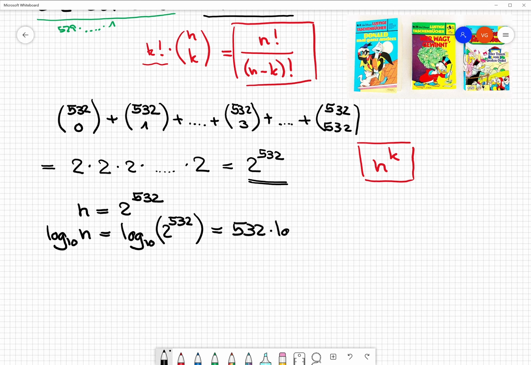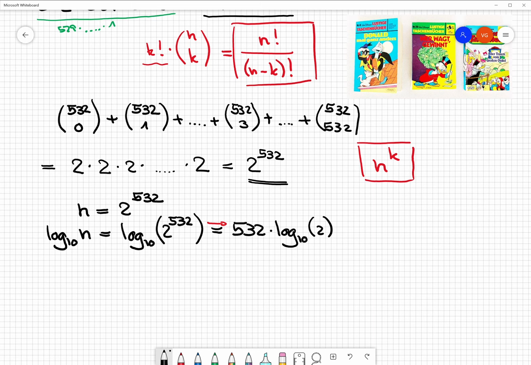This is the logarithm law you really should try to memorize, okay? It is the most important logarithm law. I'll now stop writing down the base of the logarithm. It is always going to be 10, okay?